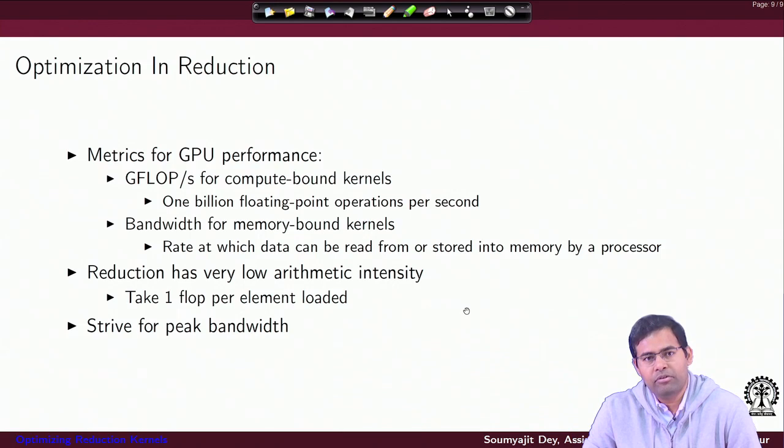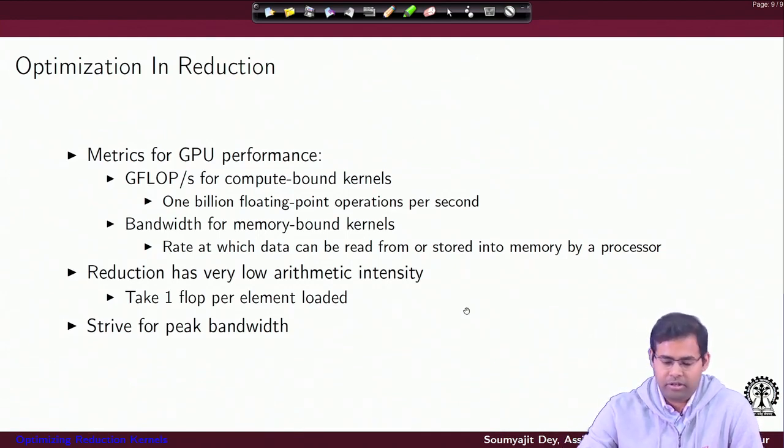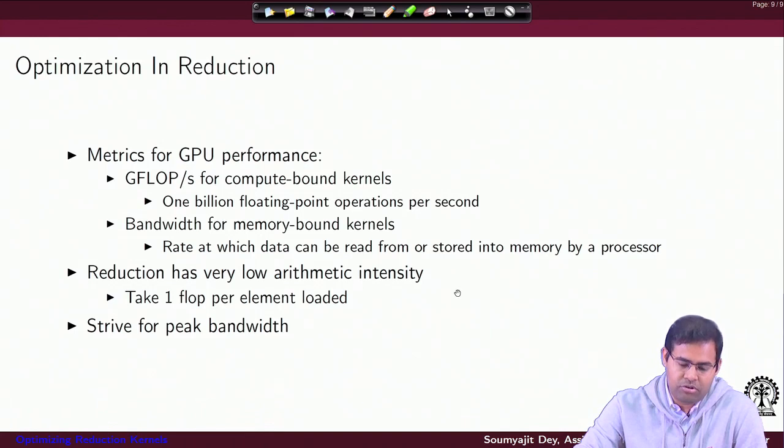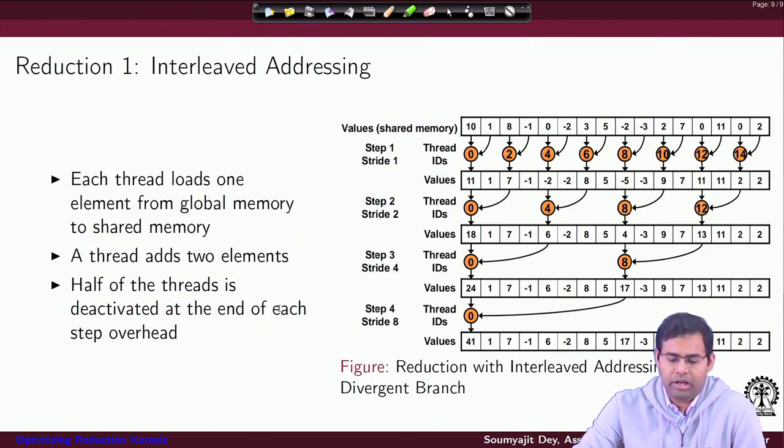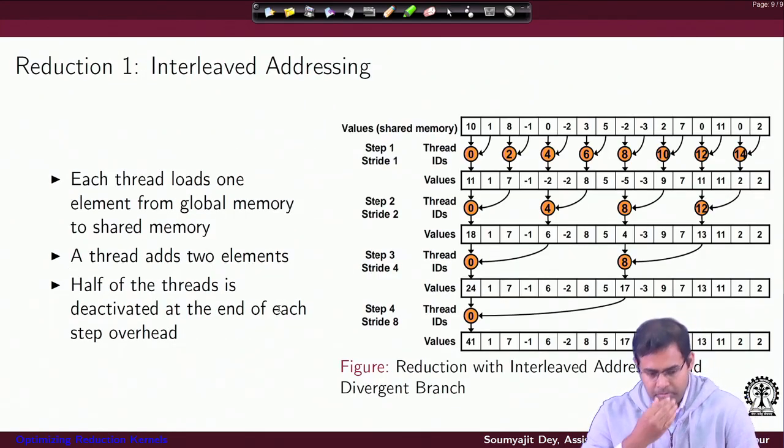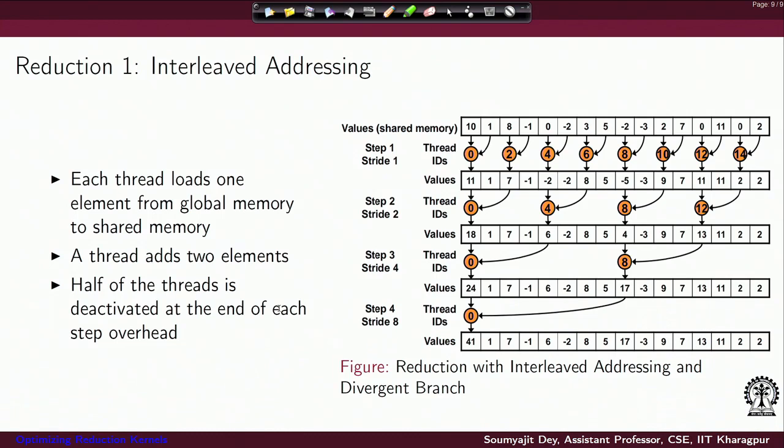Now in this case, if I am just doing a small reduction operation, it has low arithmetic intensity, as we have seen earlier also, right? So we are going to optimize for achieving the highest possible memory bandwidth that I can get here. So the first possible technique for reducing a block would be to use interleaved addressing.